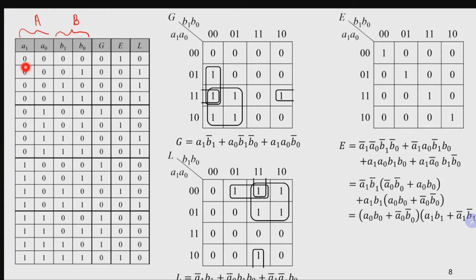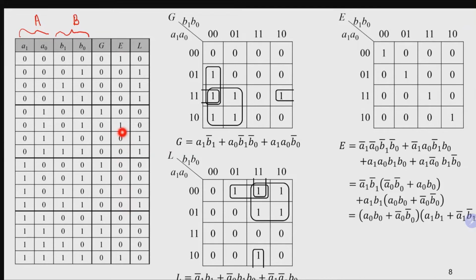So the first row, 0, 0 for A, 0, 0 for B. So obviously they are equal. So our output E is equal to 1. The rest is 0. And then second row, 0, 0, 0, 1. And this shows that A is less than B, then L is equal to 1. Okay, so go through all these comparisons between A and B and work out which is higher, or when they are equal, then fill in the truth table accordingly.